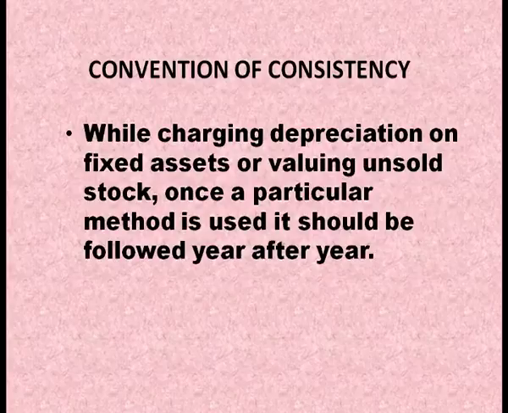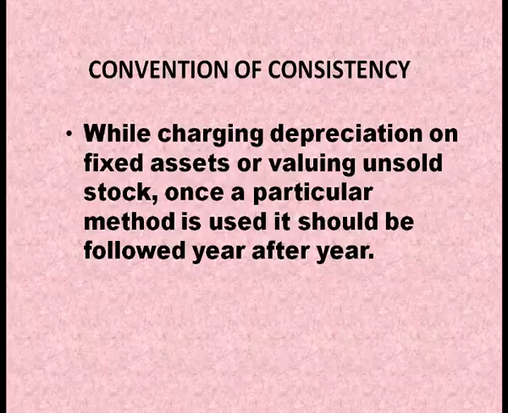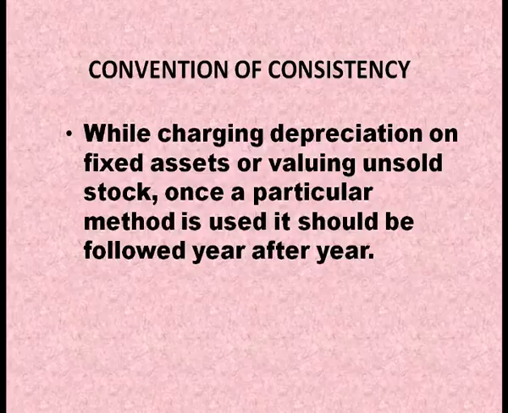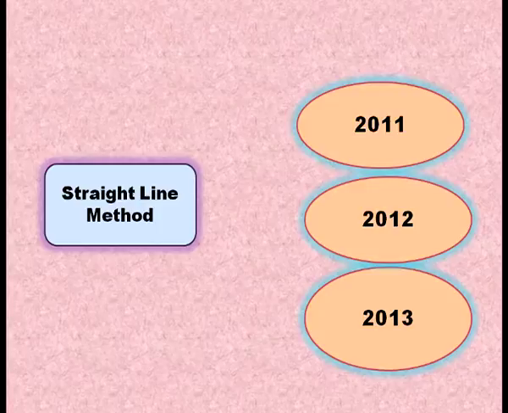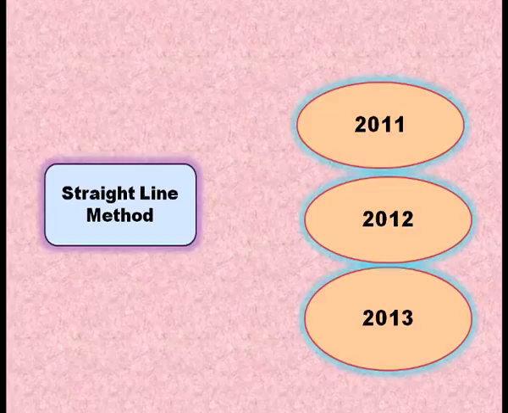While charging depreciation on fixed assets or while valuing unsold stock, once a particular method is used, it should be followed year after year. For example, if straight line method is used by an organization in 2011, then it should be followed in 2012 and in 2013. Then only comparison will be possible.